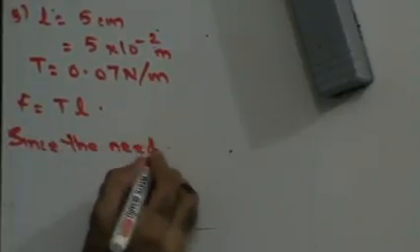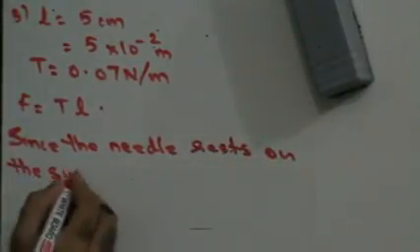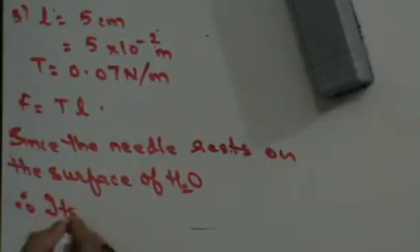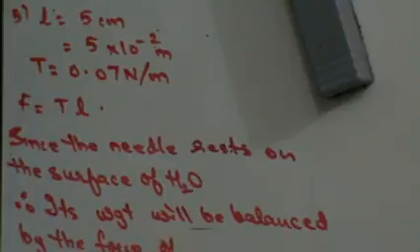F is equal to TL. T is given to you, L is given to you. Now, since the needle rests on the surface of the water, its weight is going to be balanced by the force of surface tension.